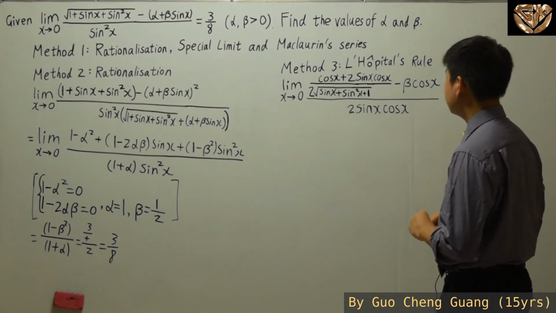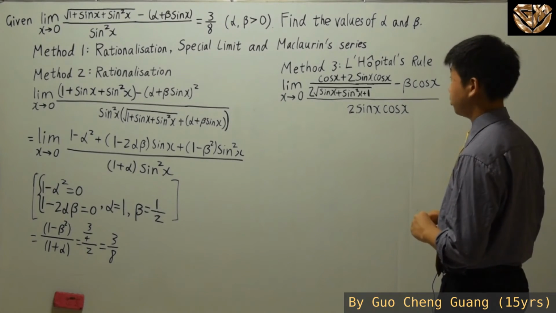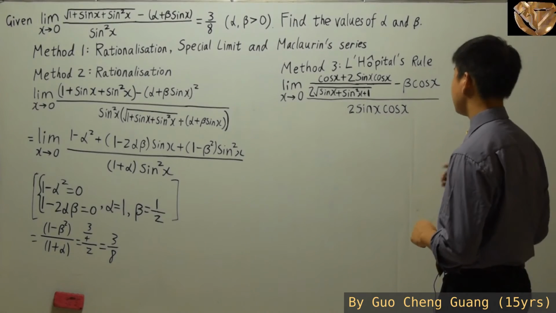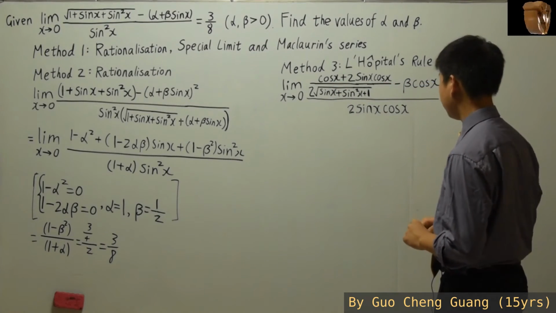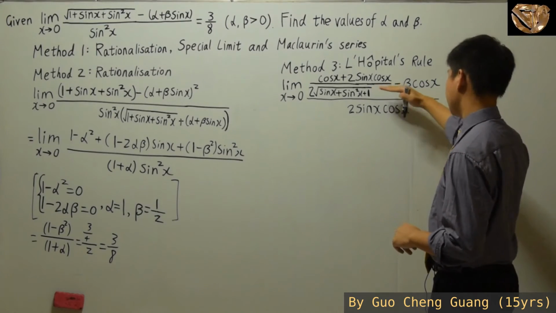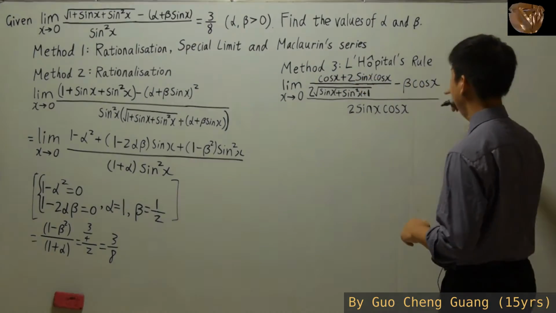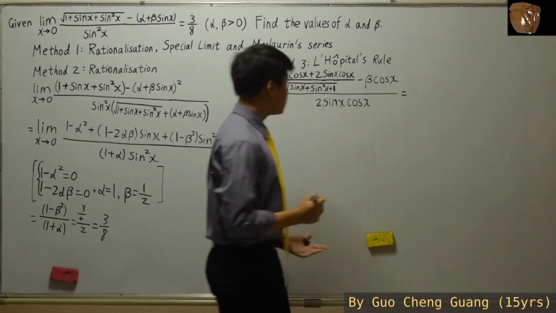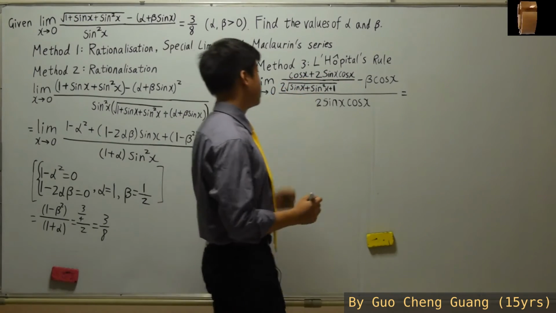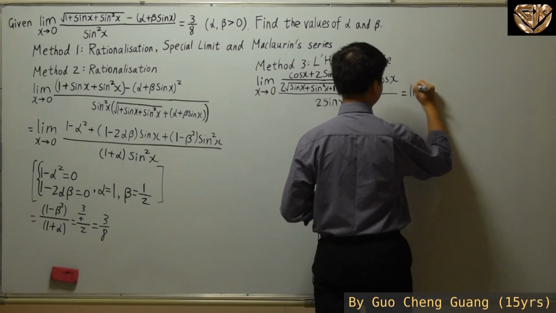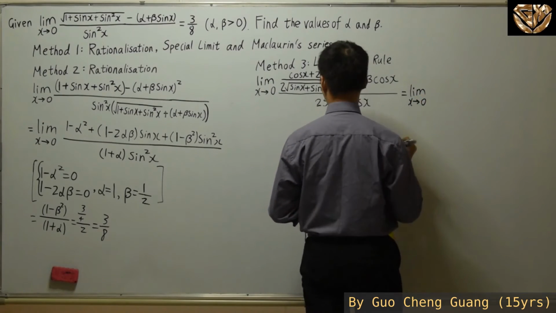Right, so what exactly can we get from here? One thing you can do is, of course, to bring the denominator of the numerator down into a denominator, and of course simplify your cosine. At the same time, we are going to common denominator this entire thing and put the denominator down. So we will have limit x approaches 0.